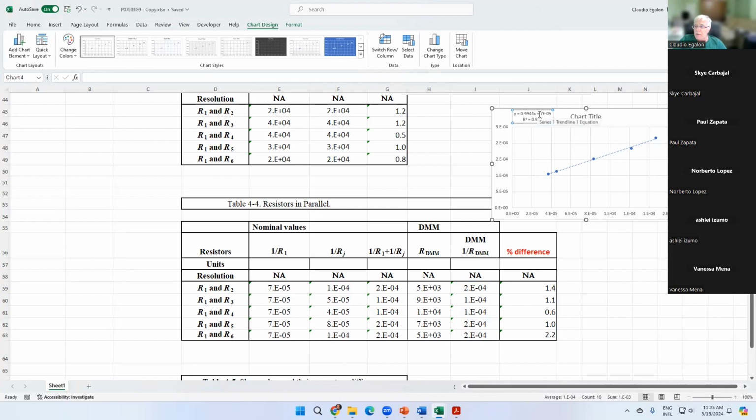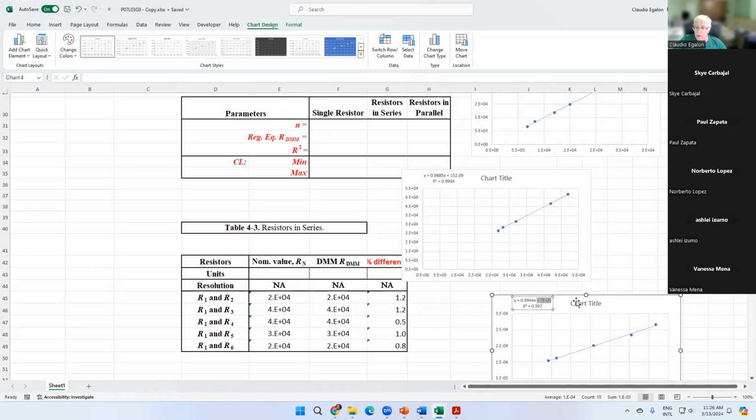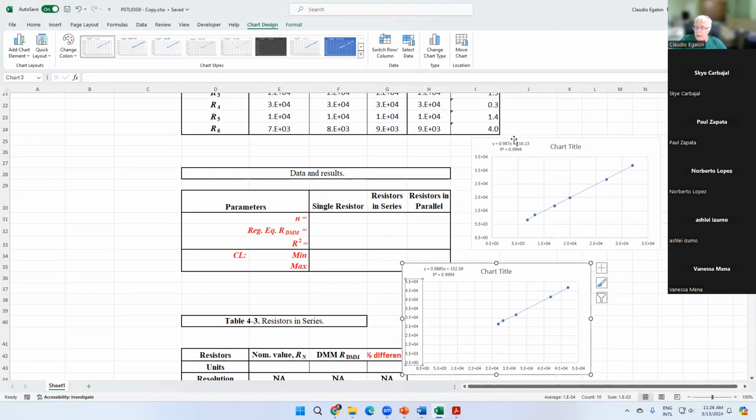You can see that this slope, this intercept ends up being very small, whereas the other intercept is also very small compared to the values in question, right? We're talking about 50,000 here, 40,000 here, 30,000 here. So 152 is negligible compared to those values. And the same can be said about this one.